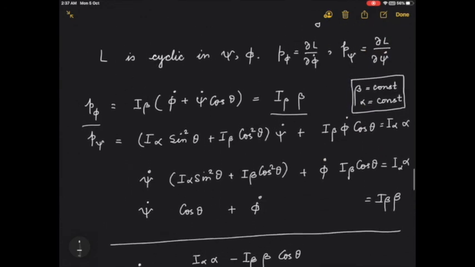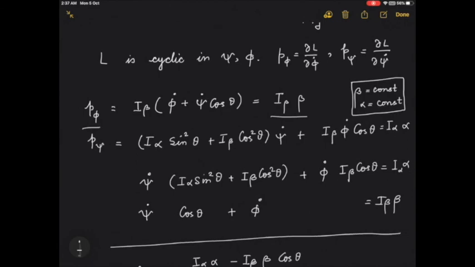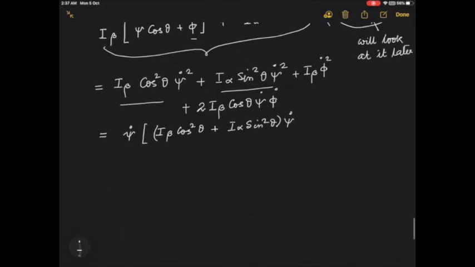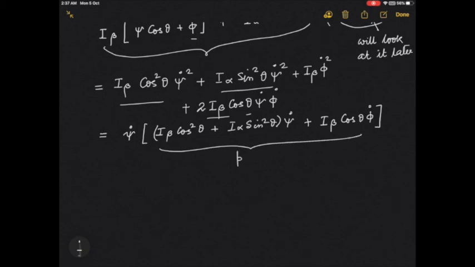Okay, so let us look at p psi. P psi is that term, I alpha sin square theta plus I beta cos square theta, times psi dot, and then I have to add to it I beta cos theta phi dot, and that is available here. So I can just take one of this out of two, I beta cos theta phi dot, so that this entire thing is p psi. And what else do I have?